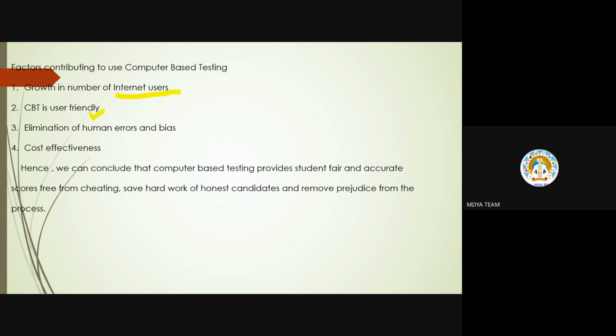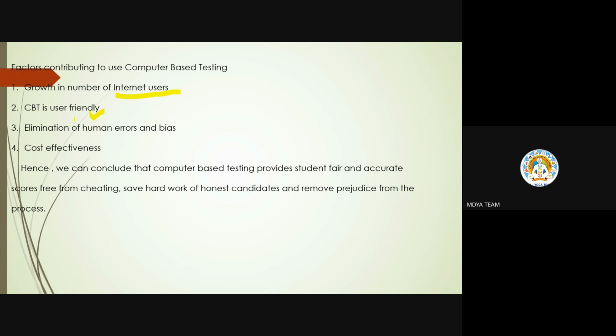You don't need to become a pro in computers. If you don't know how to operate a computer, you can still do things in CBT. It is very easy and user friendly. You don't need any additional skills in order to attempt the exam. It is just like pen and paper. You have to read and write your name. It is very user friendly.